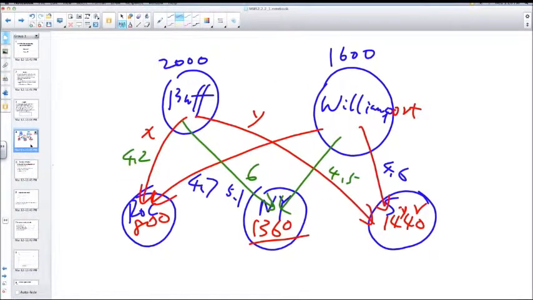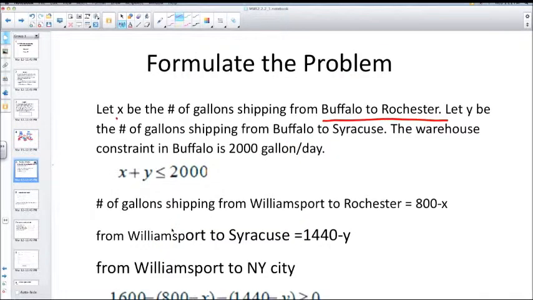So in the diagram, this is X and this is Y. So automatically, you can figure out that from Williamsport to Rochester should be 800 minus X. From Buffalo to Syracuse should be 1440 minus Y. And then you can figure out all this to New York by just doing the calculation.